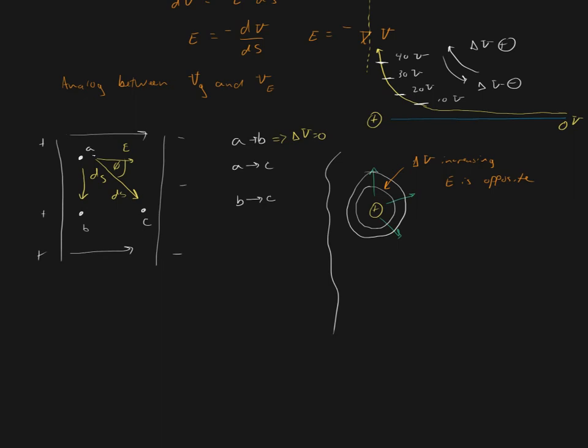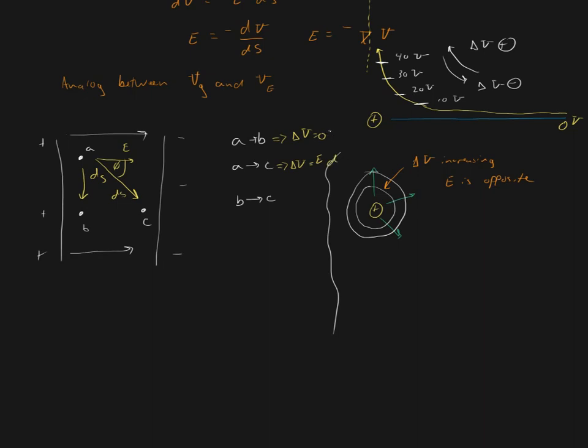Ultimately what becomes important isn't the overall length of the path, it's just the part of the path which is parallel to the electric field. And so for this, we just get delta V is equal to E times d.